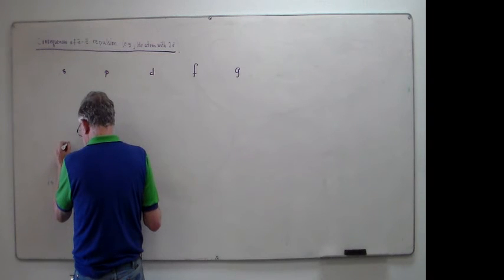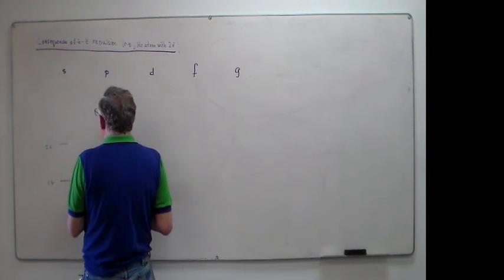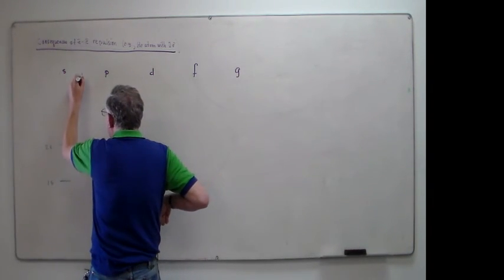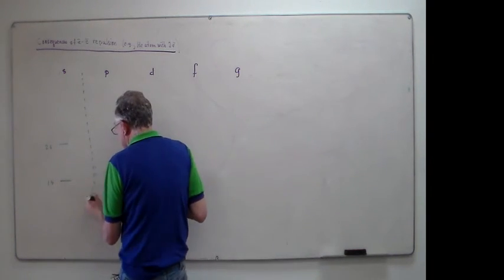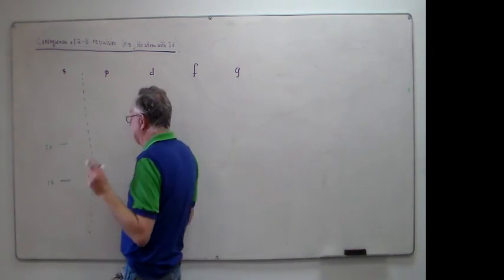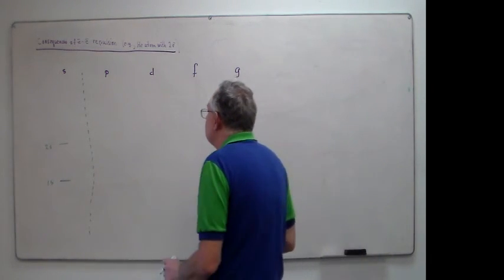So here's the 1s here. Here's the 2s here. And now we see something absolutely amazing. And this makes the whole periodic table, and it makes chemistry as we know it.